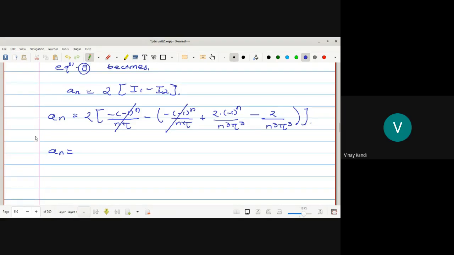Okay, यातनं कॉमन काय निघेल, मायनस 2 कॉमन निघेल अजून, हो की नाही, 2 आणि 2 अपॉन n क्यूब पाई क्यूब, take common, and 2 into 2 is 4. ओके, माइनस कॉमन आले का, हा इथे माइनस आहे ना, त्यामुळे माइनस येईल, minus 4 upon n cube pi cube into minus 1 raised to n, this one minus 1. Okay, any doubt?